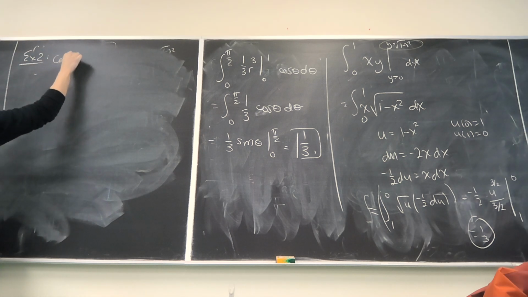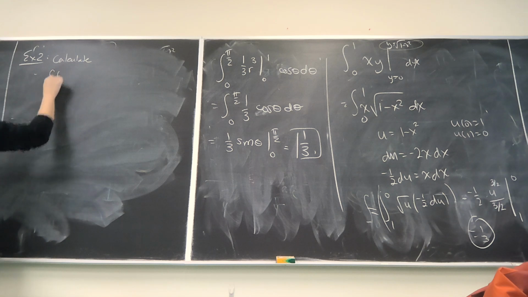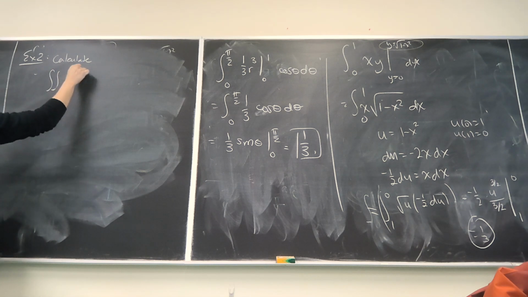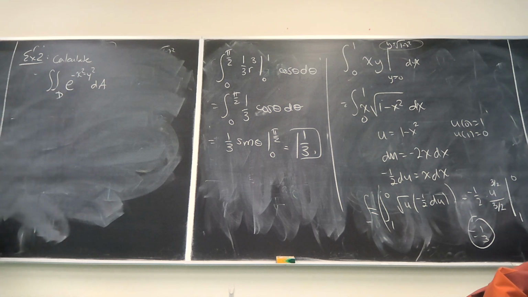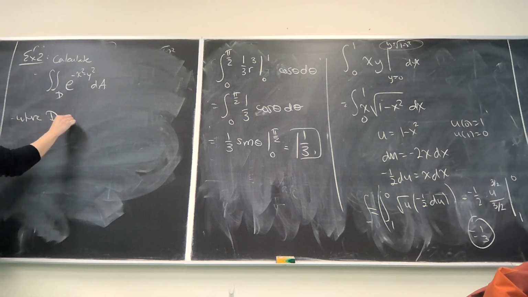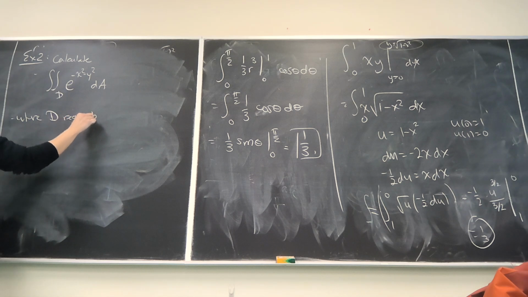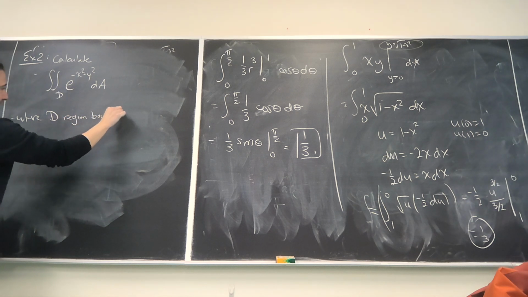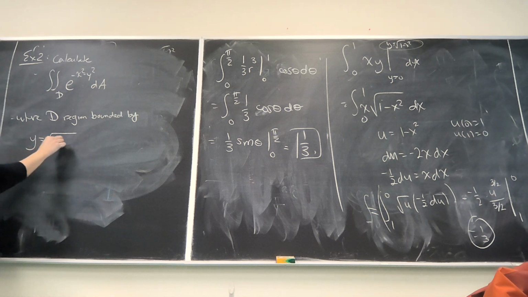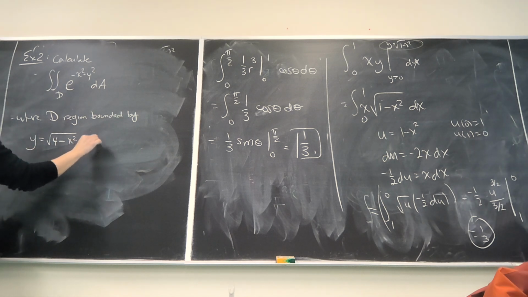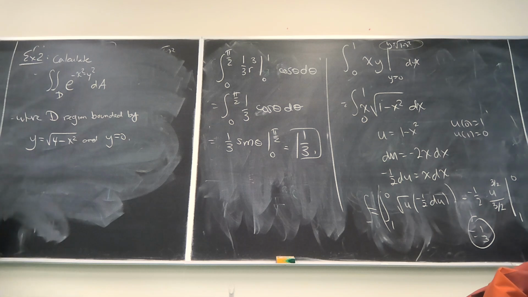Calculate the double integral of e to the minus x squared minus y squared dA over the region D, where D is the region bounded by y is equal to the square root of 4 minus x squared and y is equal to 0. Blech.